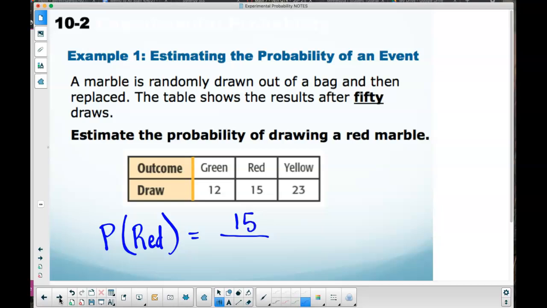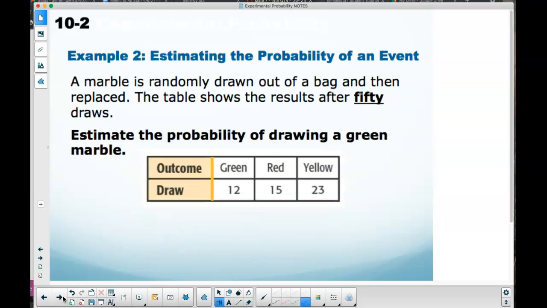Out of what? What number goes on the bottom? Go ahead, Caleb. 50. Because it says there were 50 total draws. Okay, we want to write that as a percent. So 15 divided by 50 is 0.3. What percent is that? 30%. So there's a 30% chance of drawing a red marble.